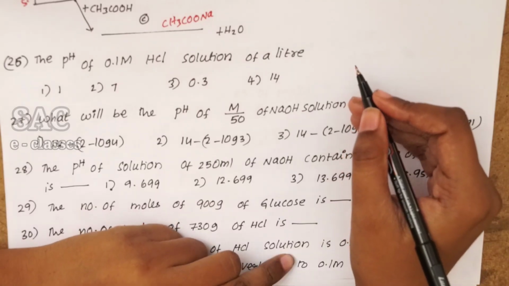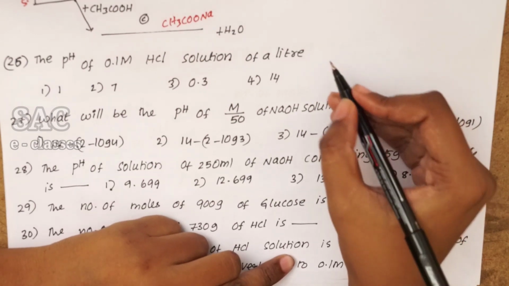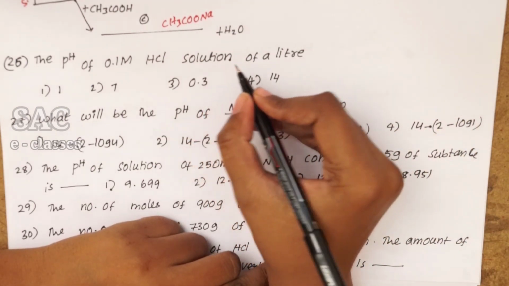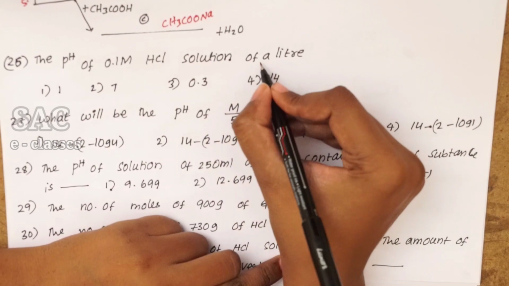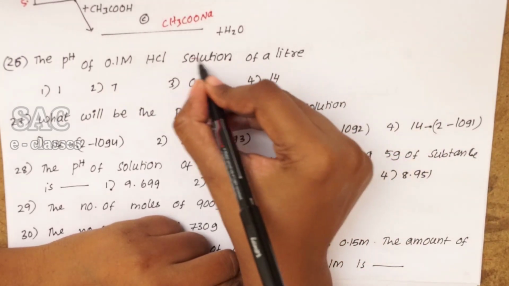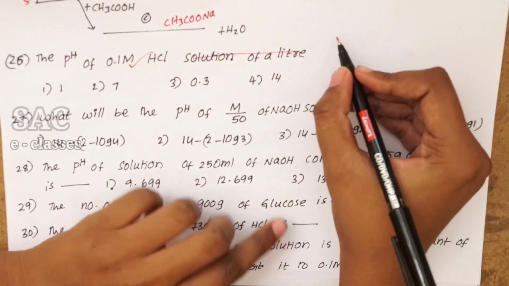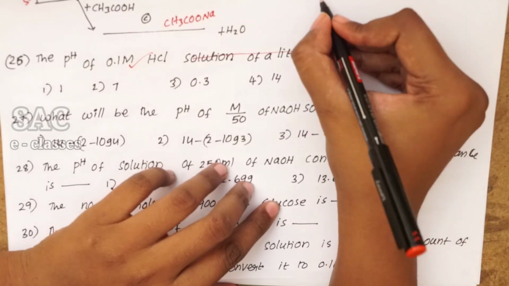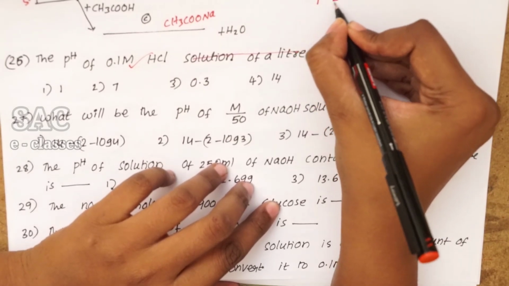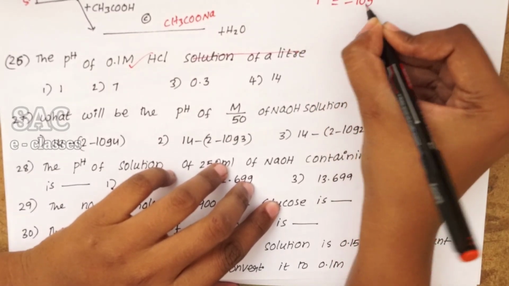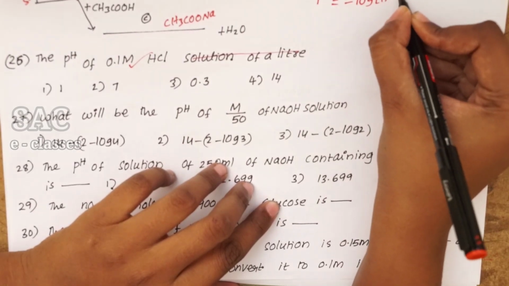Look at problem number 26. The pH of a 0.1 molar HCl solution of 1 liter. We don't require the volume; we already have the strength of the acid, that is 0.1. We know pH can be calculated as minus log of the H plus ion concentration.